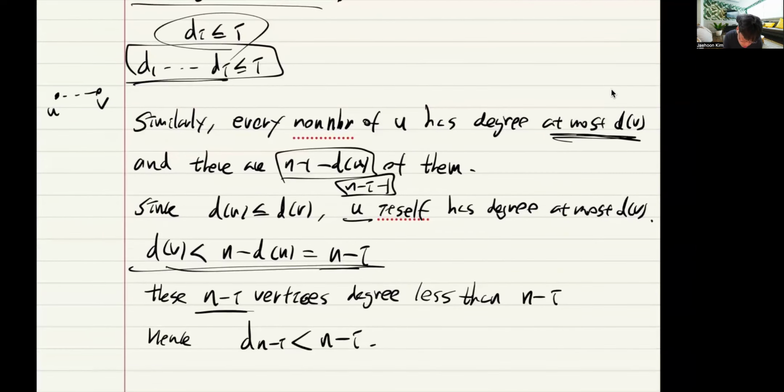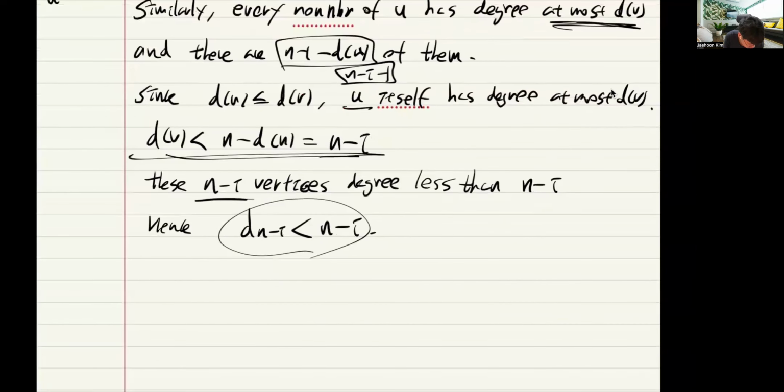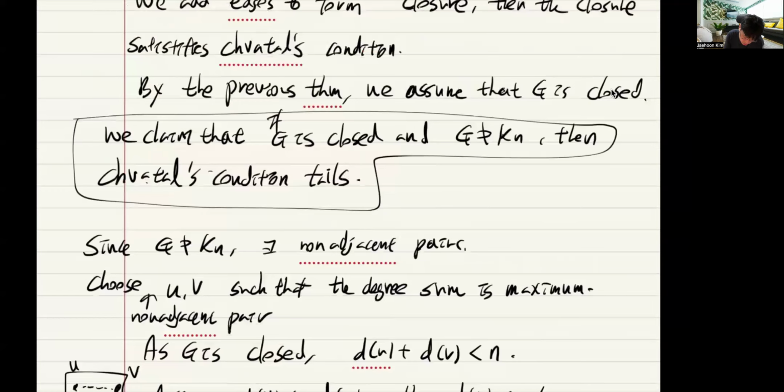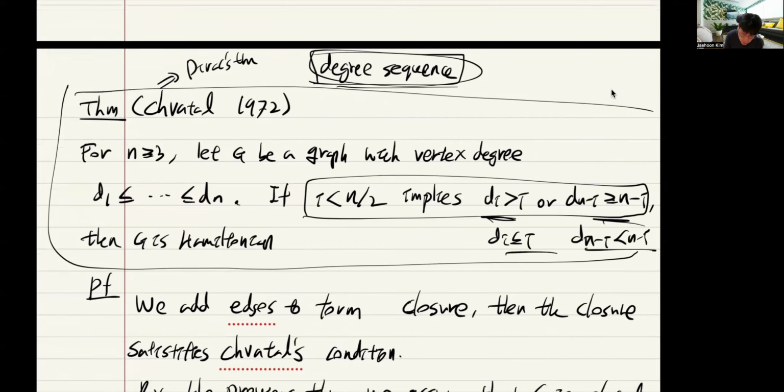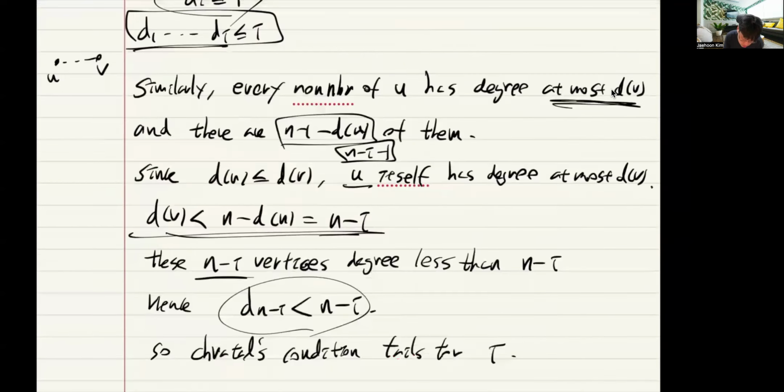So we have this and this. So Chvátal's condition fails for i. What is the Chvátal condition? At least one of them has to be satisfied, but we just showed that both of them fail.